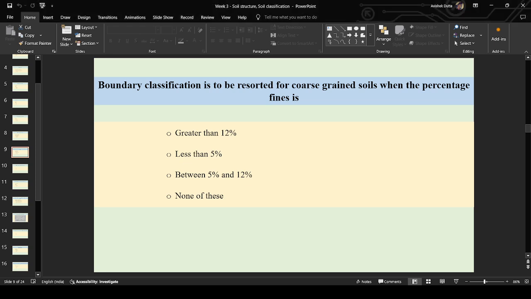So I repeat the question. Boundary classification is to be resorted for coarse grained soils when the percentage fines is.